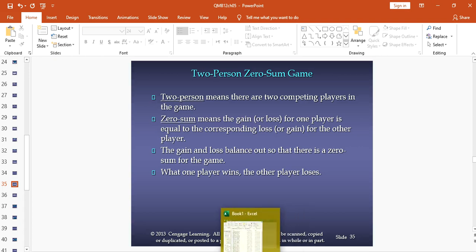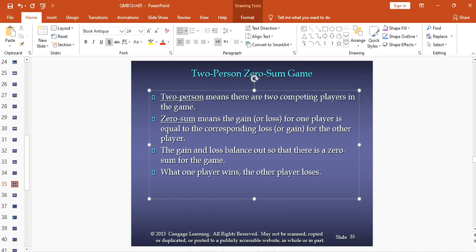Okay, and in this case another example can be like gambling. You pay $10 to enter a gamble, and you have probability 50-50 to win $20. If you win, the other guy loses. If you lose, you are the loser.